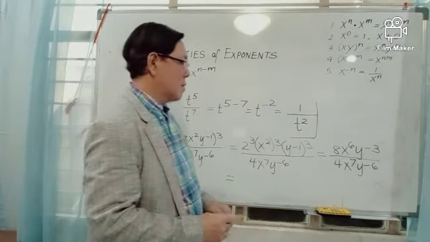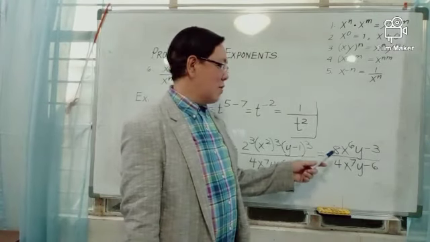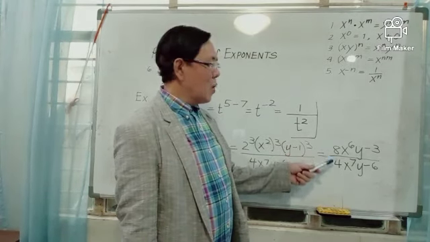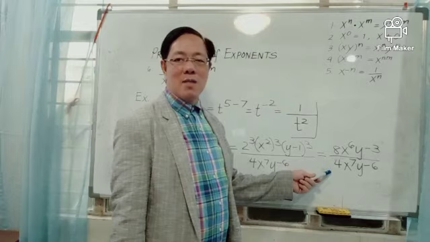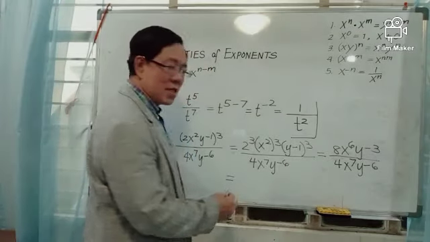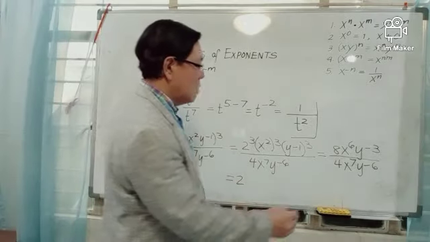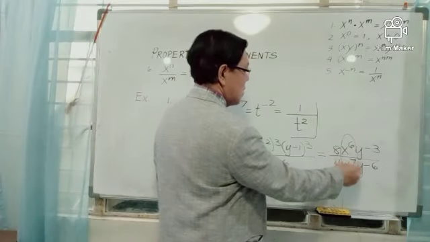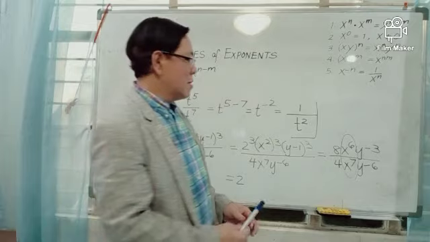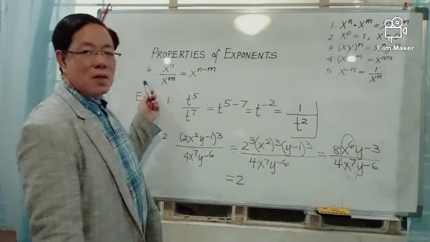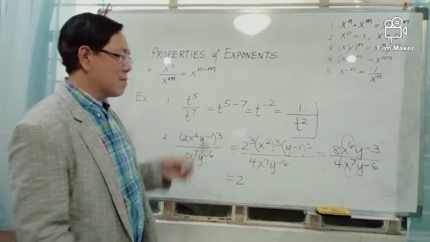Simplify the numerical coefficients if they can be simplified. Here 8 over 4 can be simplified as 2. 8 divided by 4 is 2. Now to simplify x to the power 6 divided by x to the power 7, apply the 6th property of exponents.